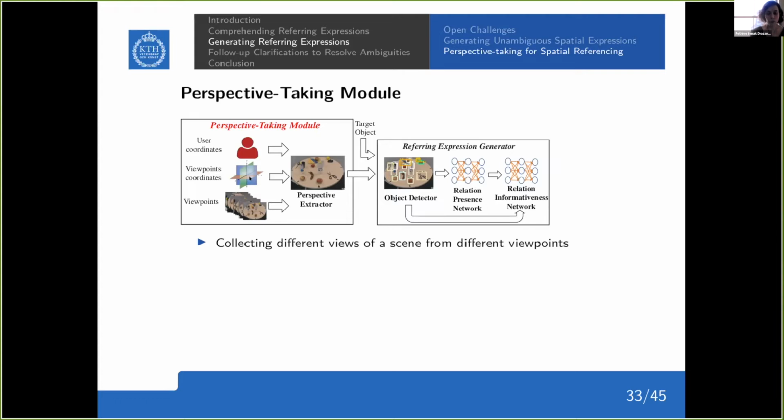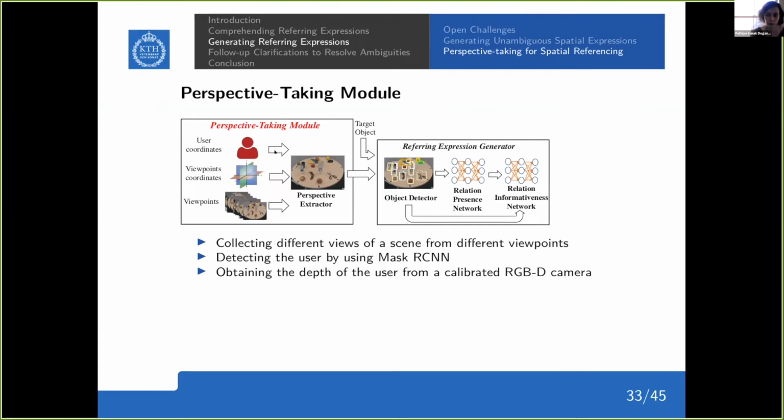To achieve this, we firstly collected different views of a scene from different viewpoints. Then we detect the user by using Mask R-CNN. And we identify the depth of the user using a calibrated RGBD camera.